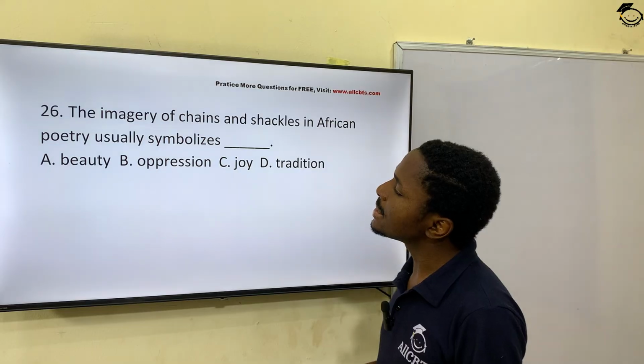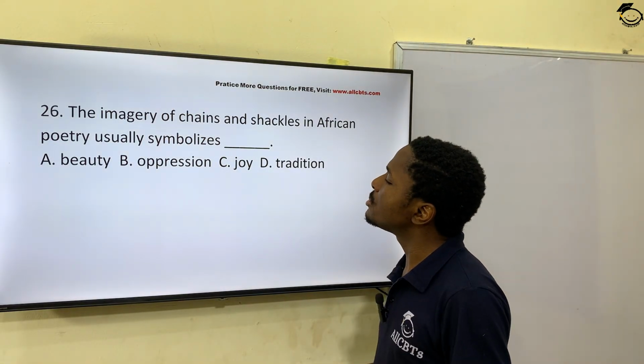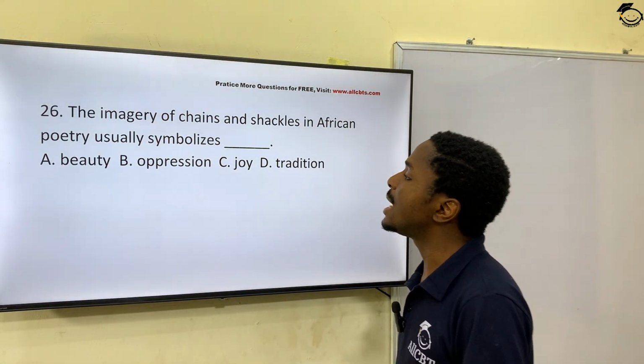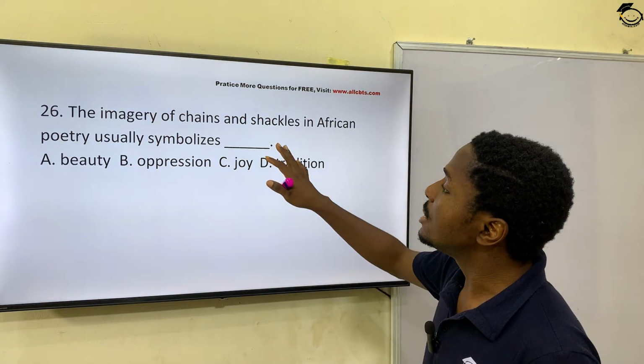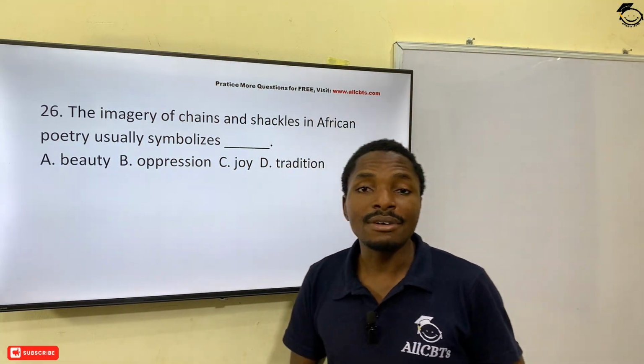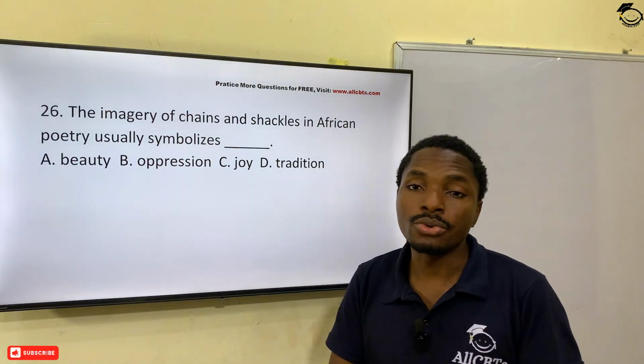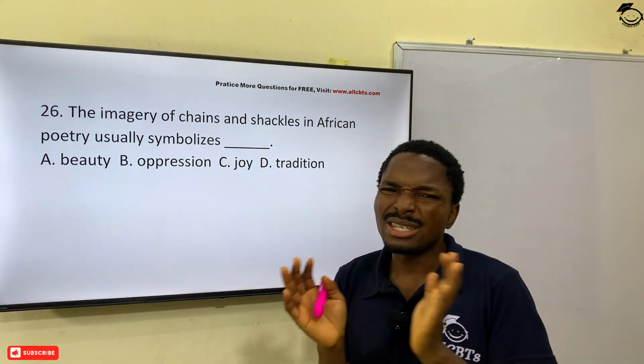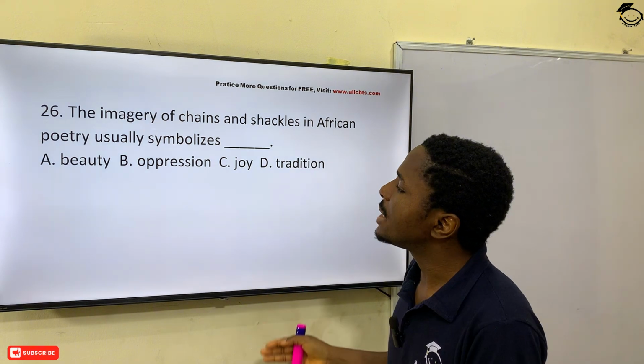Then 26 now. The imagery of chains and shackles in African poetry usually symbolizes dash. When you see chains and shackles in African poetry, either poems or prose or whatever, what does it symbolize? It simply symbolizes oppression.